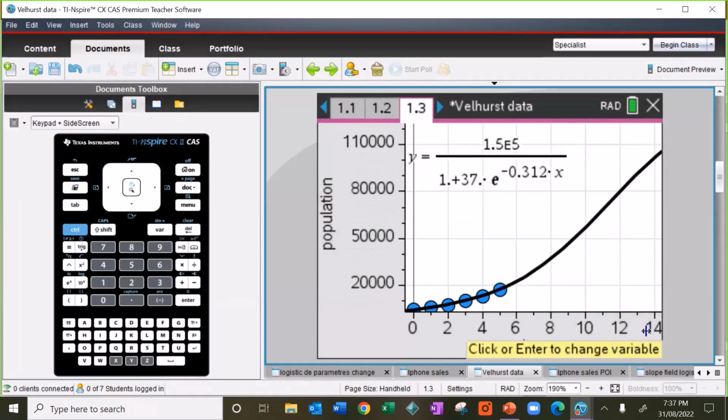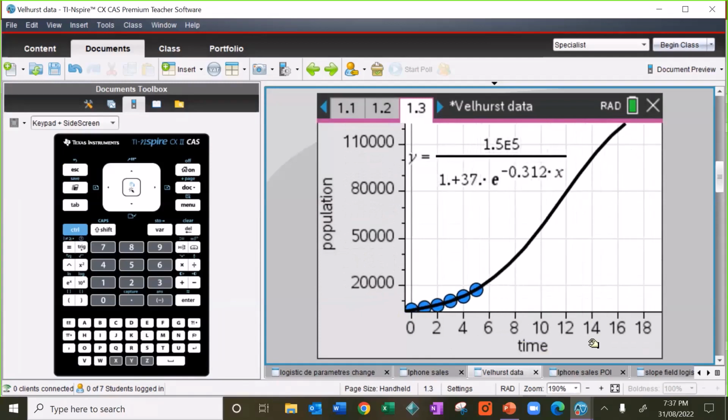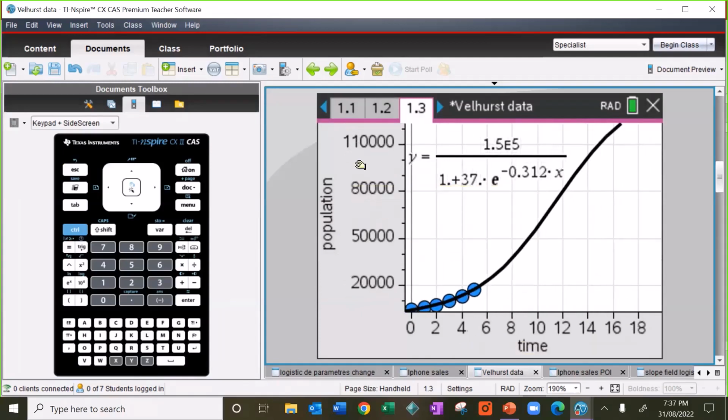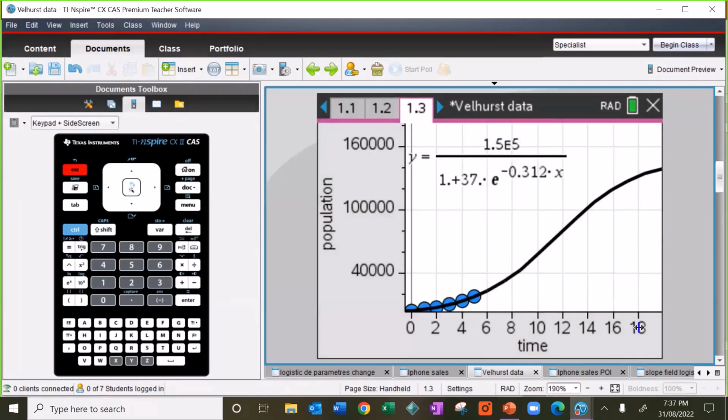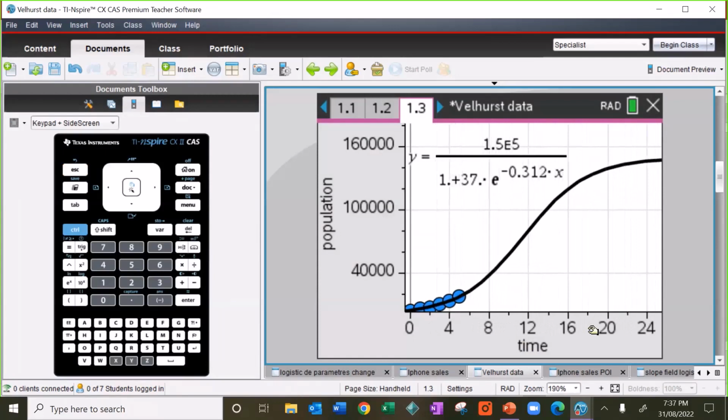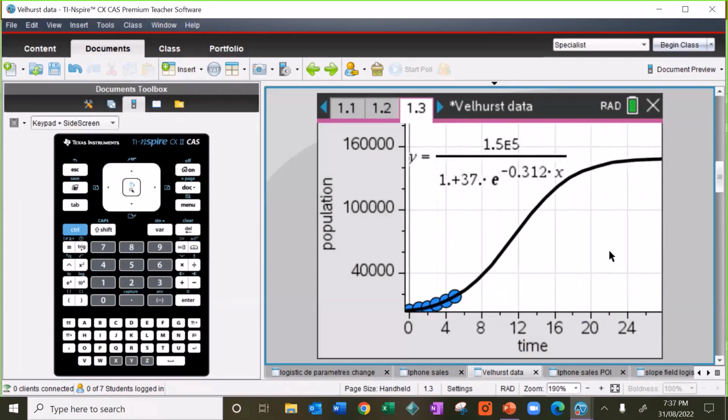It starts getting this logistic shape. That was the data available to Verhulst in those days, but we can now clearly see the S shape happening.